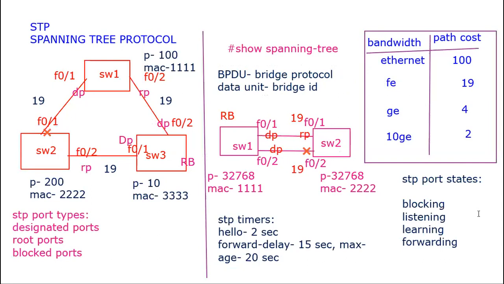Bridge ID is the priority and MAC address. Using this information, the bridge ID is exchanged and the root bridge is elected. After the BPDUs are exchanged, the hellos are sent just to maintain the keep alive. So hellos are exchanged every 2 seconds.